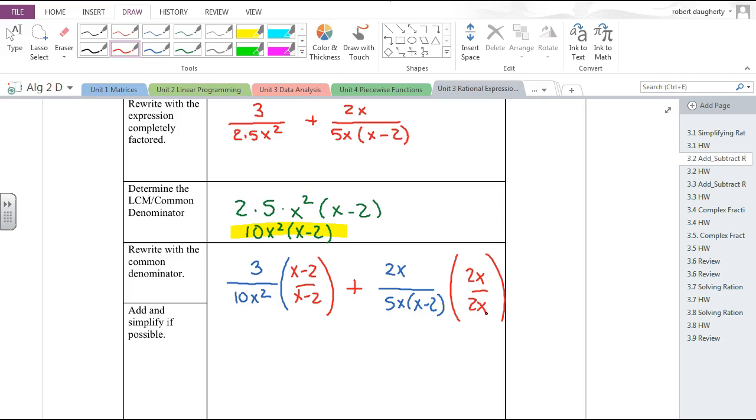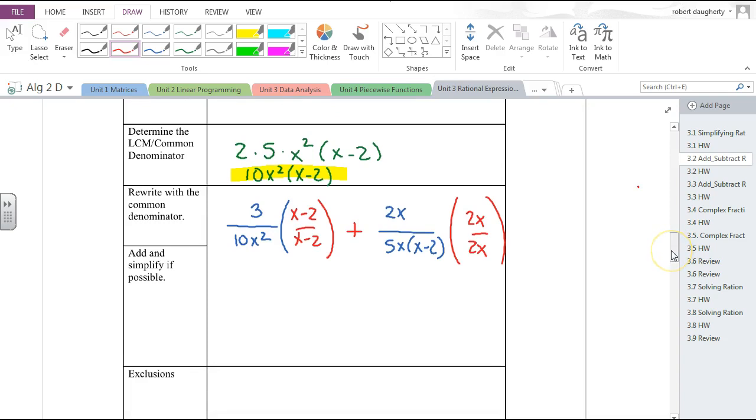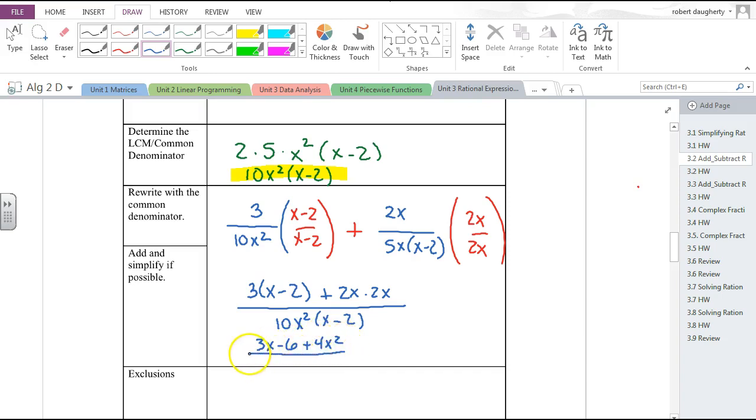So this problem becomes 3 times x minus 2 plus 2x times 2x over 10x squared times x minus 2. And if I distribute this, I'm going to get 3x minus 6 plus 4x squared, all of that over 10x squared times x minus 2.